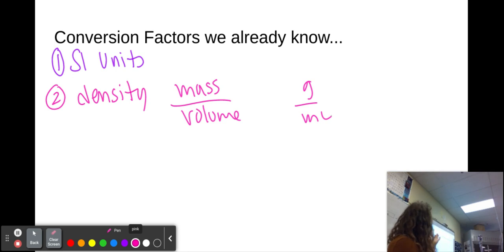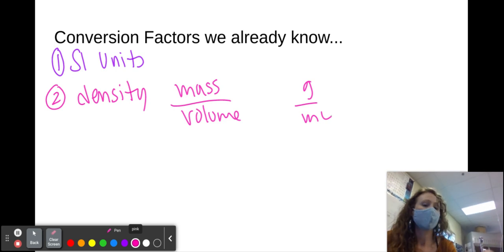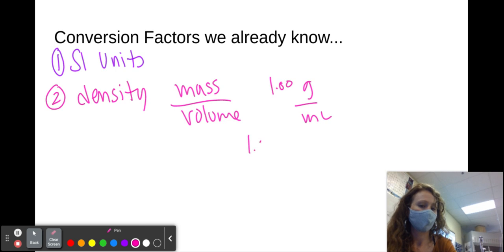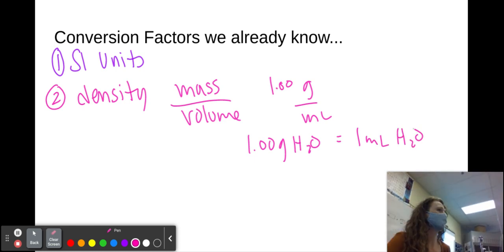But look at this. 2 units in a fraction. And if I know the density of something, like the density of water is 1 gram per milliliter, I can write it as an equivalent statement. 1 gram of water is equal to 1 milliliter of water.